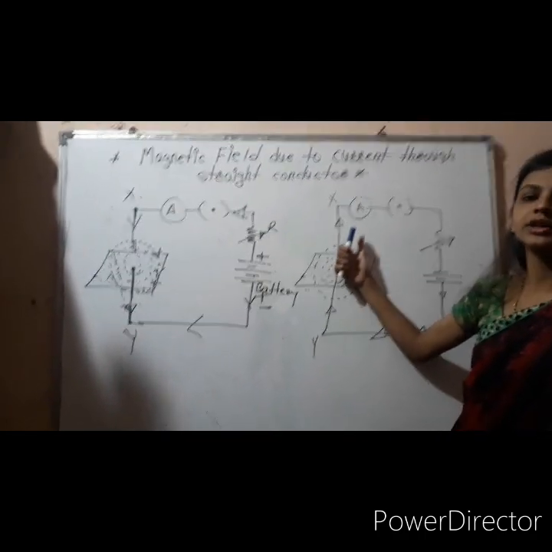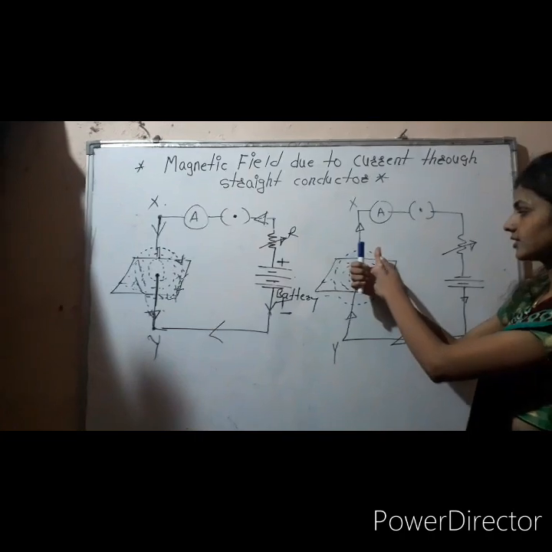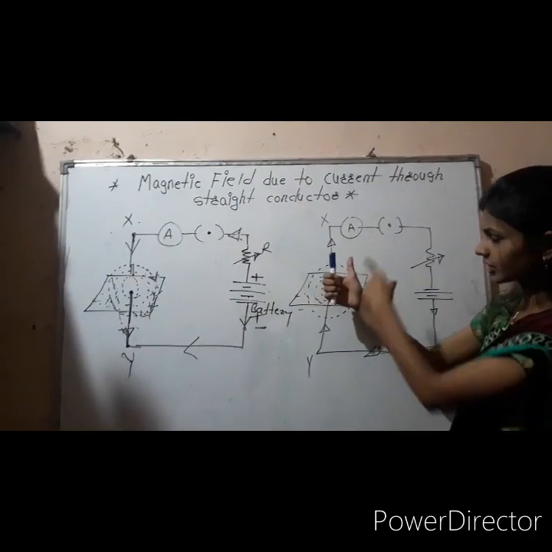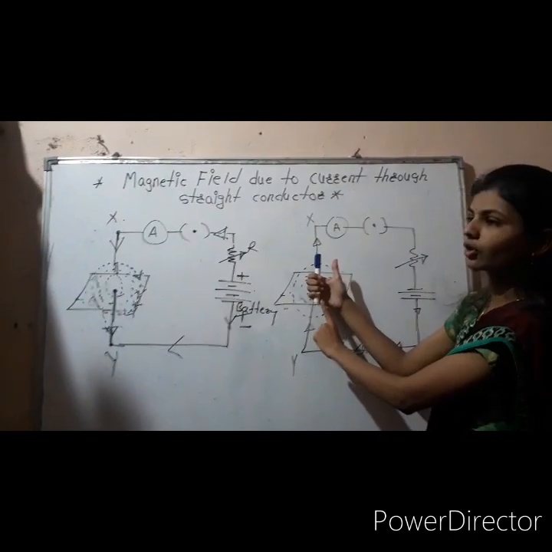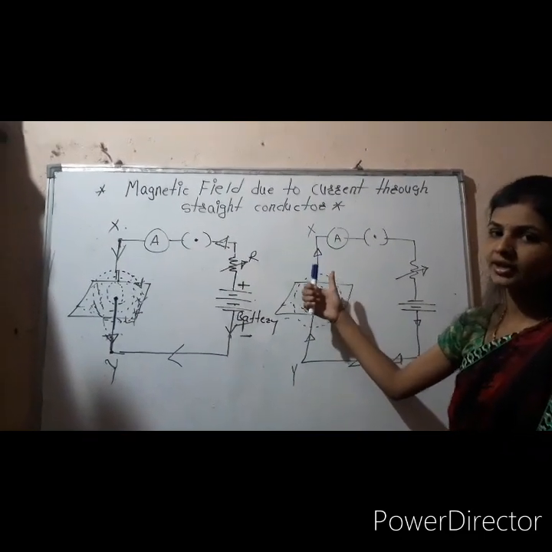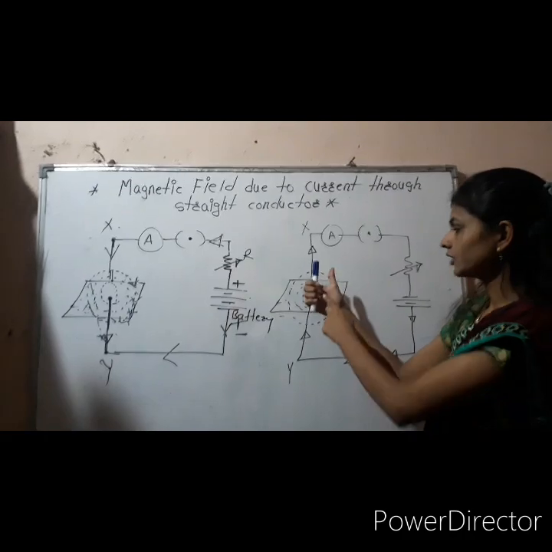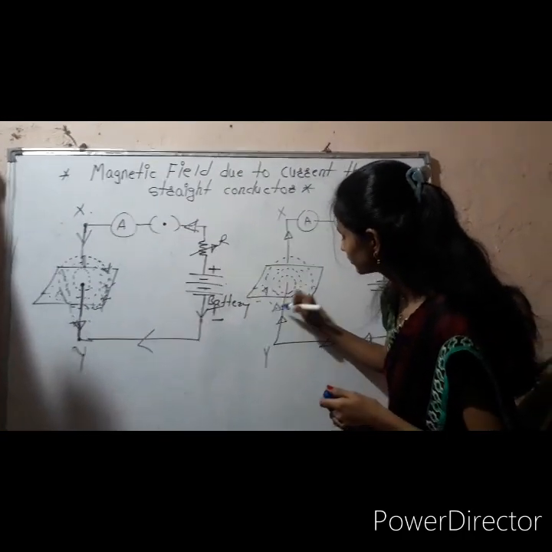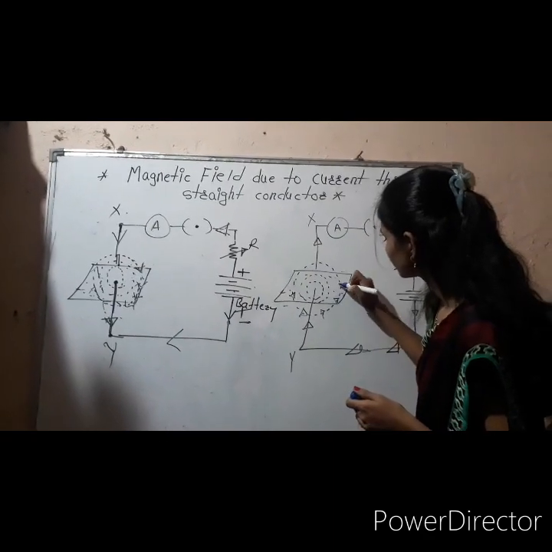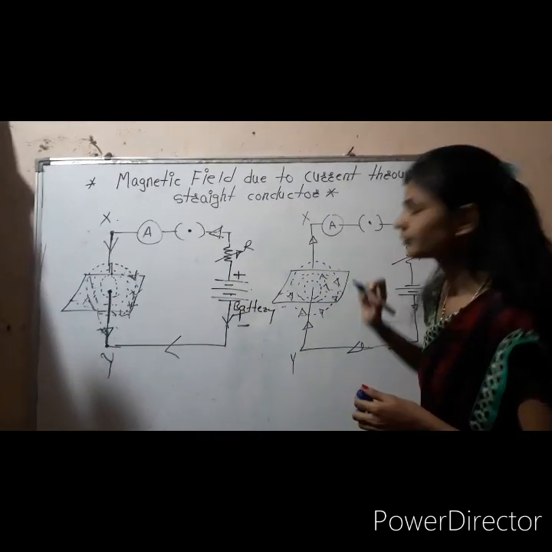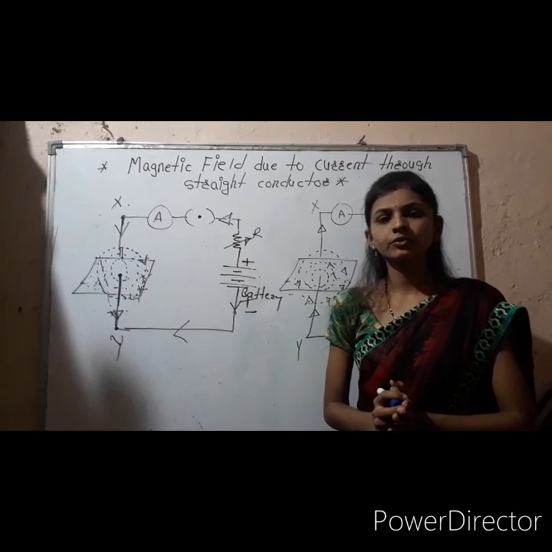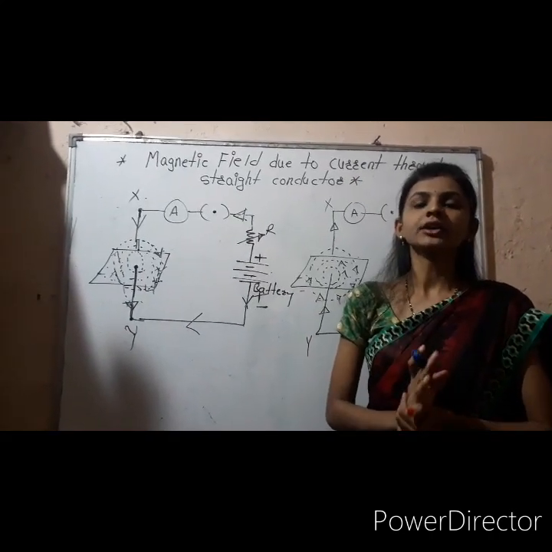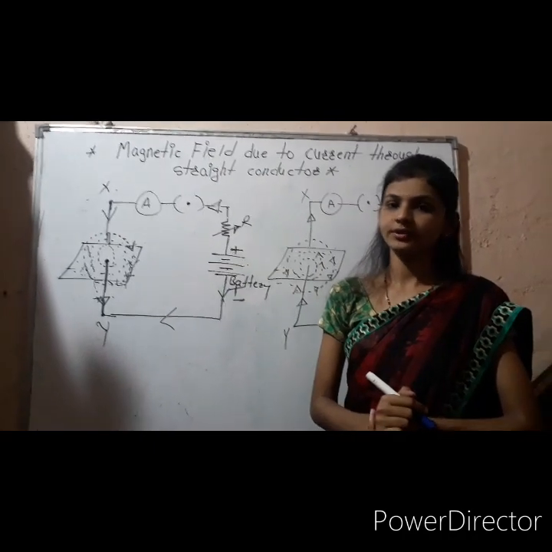Here you can see that the thumb indicates the direction of electric current, it is showing the upward direction, and the fingers around the rod show the direction of magnetic field. So here the fingers are showing the direction in anti-clockwise. It means that whenever the current is flowing from downward direction to the upward direction, the magnetic field is showing the direction in anti-clockwise.